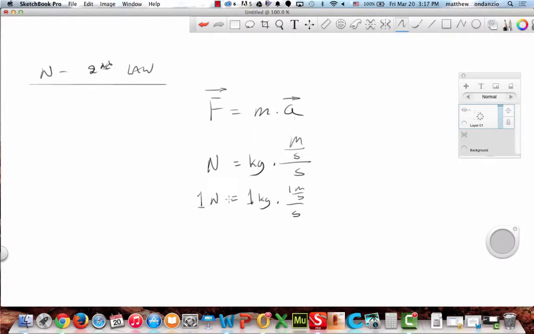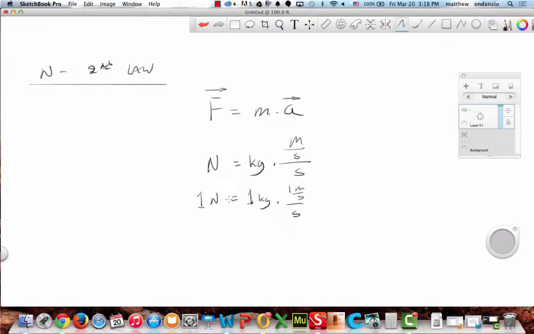So for example, if I had 2 kilograms of mass and I wanted to change its velocity by 6 meters a second in 2 seconds, how much force would I need? 6 meters per second over 2 is 3.